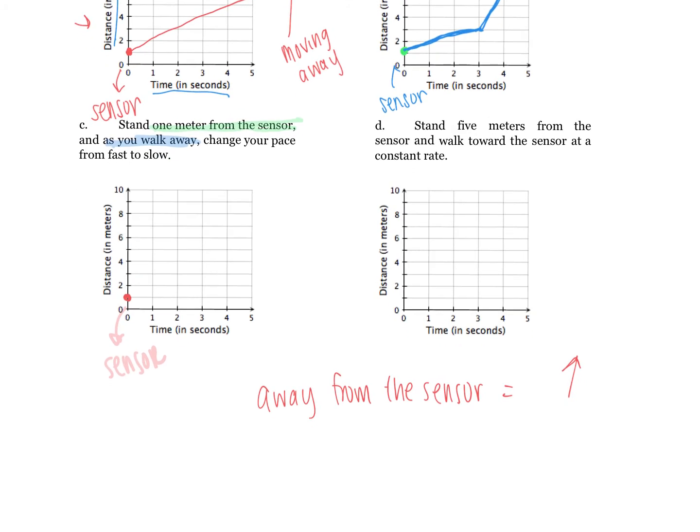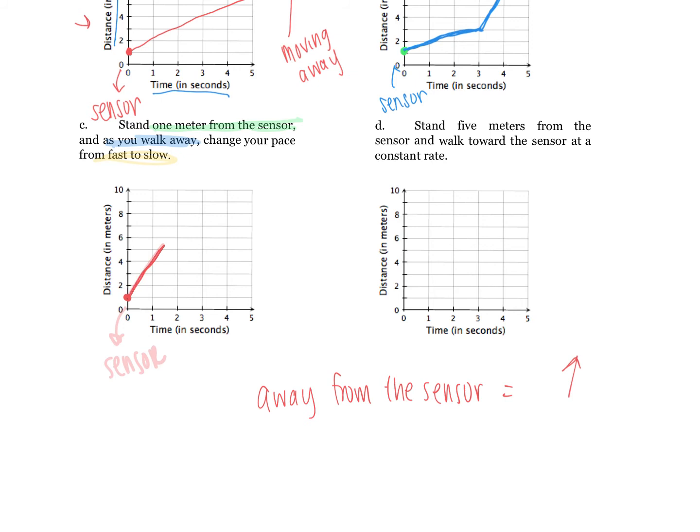Okay, and then in this example, my pace is going from fast to slow. So in the last one, we went slow to fast. Now we're going to move fast to slow. Okay, so for the first couple seconds, I'm running. I'm moving very fast. So I see a very sharp increase. Okay, because I'm moving quick over a short span of time.